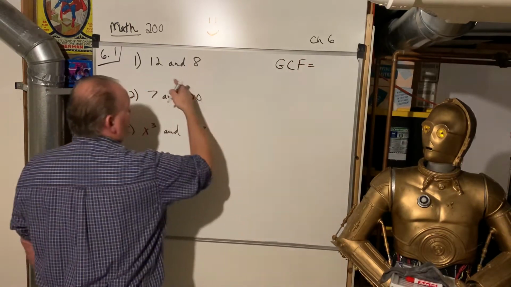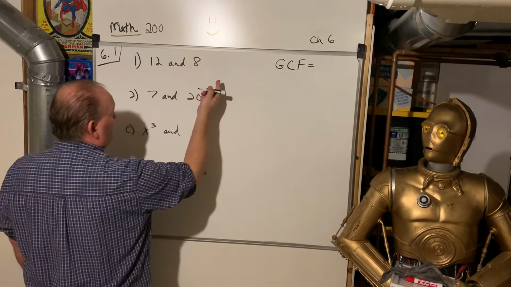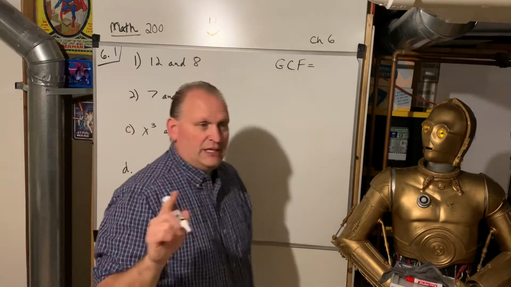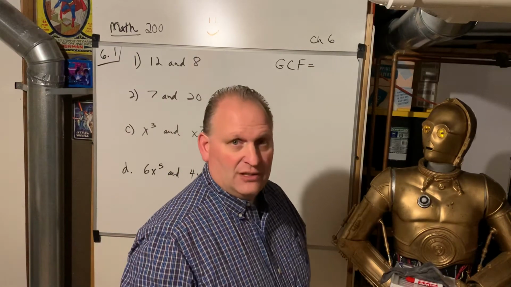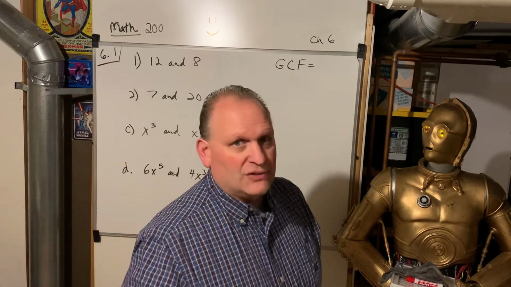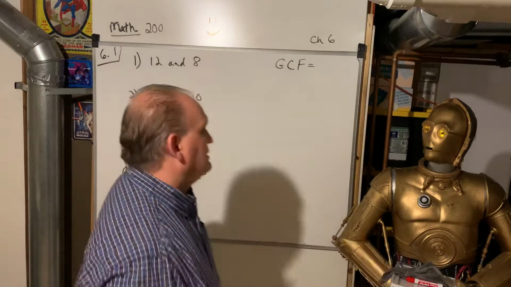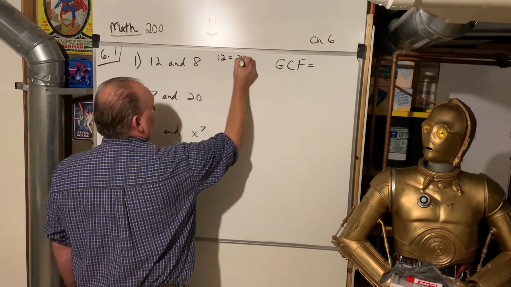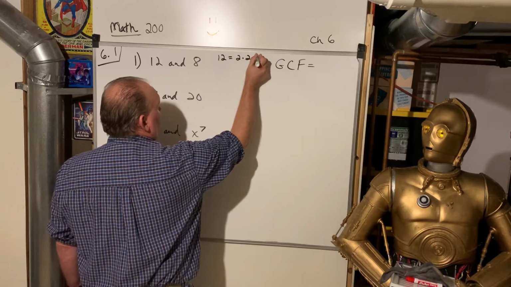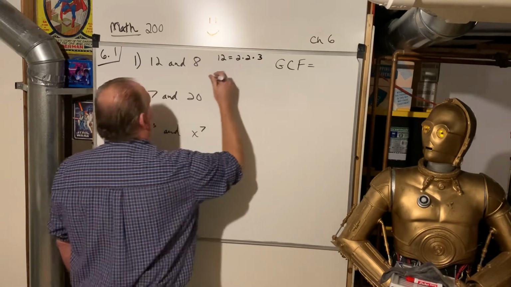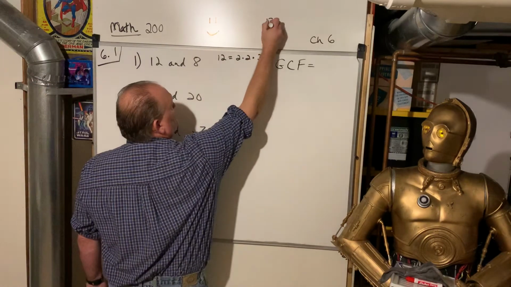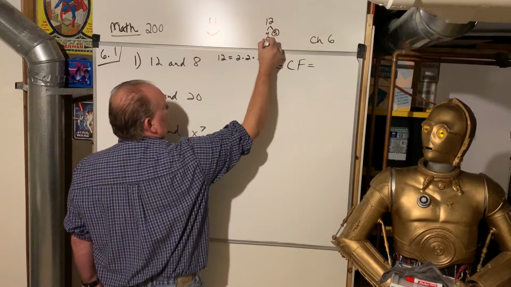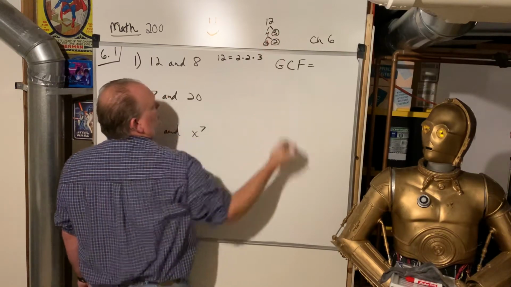And so to find that, if it jumps out at you, that's fine. You can just write it down. If there's no common factor, then 1 always goes into everything. So 1 is kind of the default. But if you don't see it, you break it down into its primes. Remember those little prime factor trees, where it's 4 times 3, and 3 is prime, and 2 times 2, and the 2's a prime.